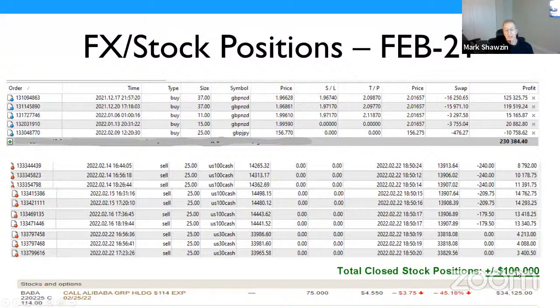And all told, I banked, I'm just approximating about 100 grand on these positions, and I closed them out. And then I likely dipped my toe in buying some Alibaba call options today in the sell-off when Alibaba was going around 112. I bought these call options for about 390, and they closed around 455. And I also bought some JD call options.